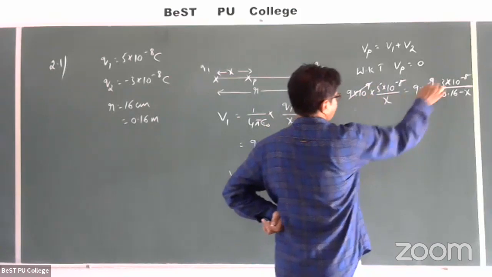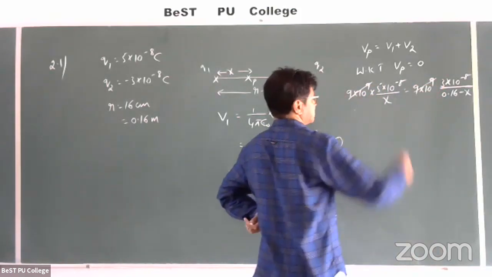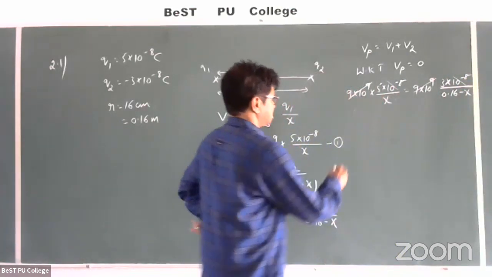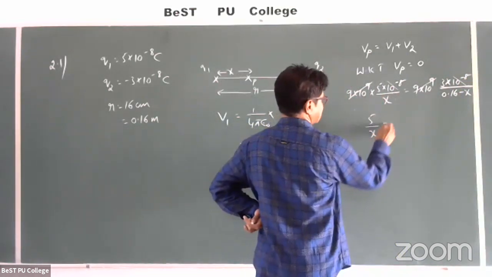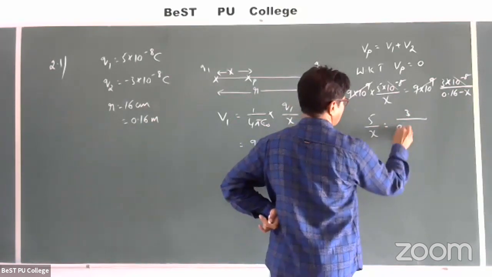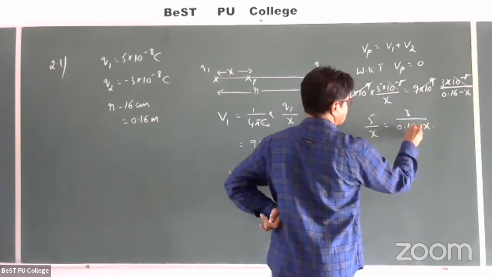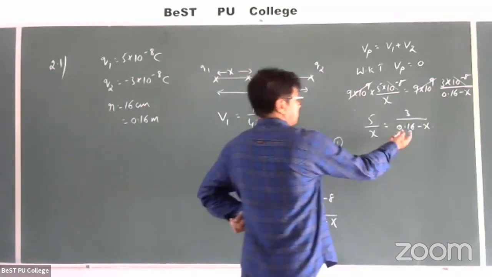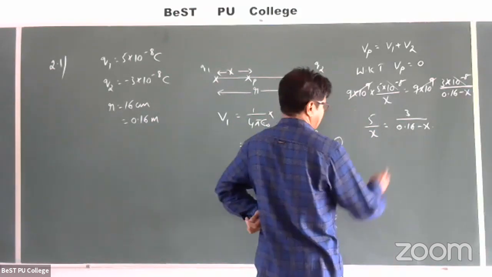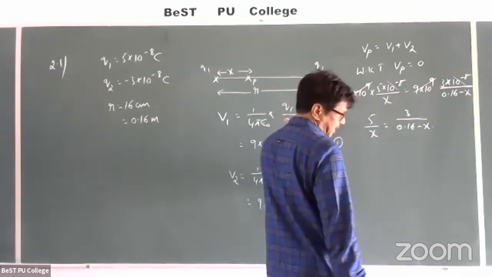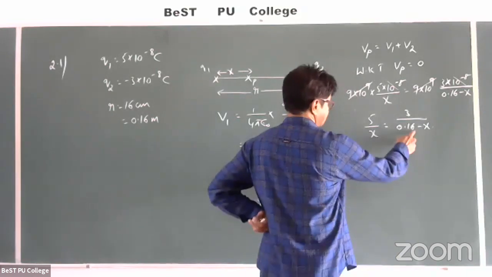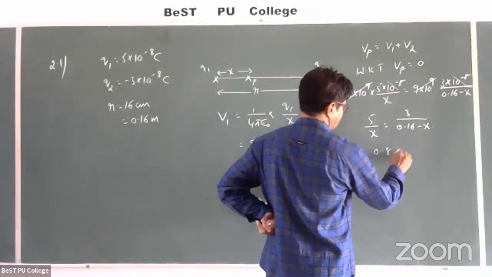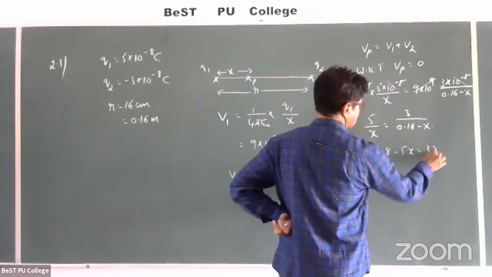9 into 10 to the power of 9 cancels, and 10 to the power of minus 8 cancels. 5 by x is equal to 3 by 0.16 minus x. If you cross multiply, 16 5s are 80, so 0.8 minus 5x is equal to 3x.